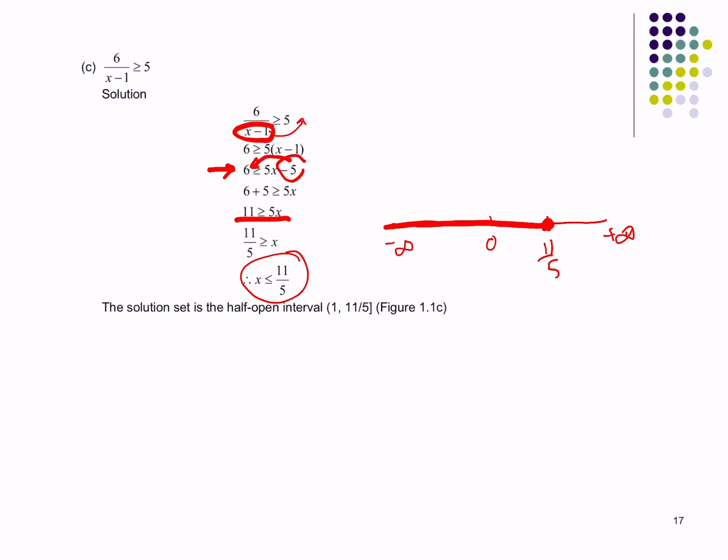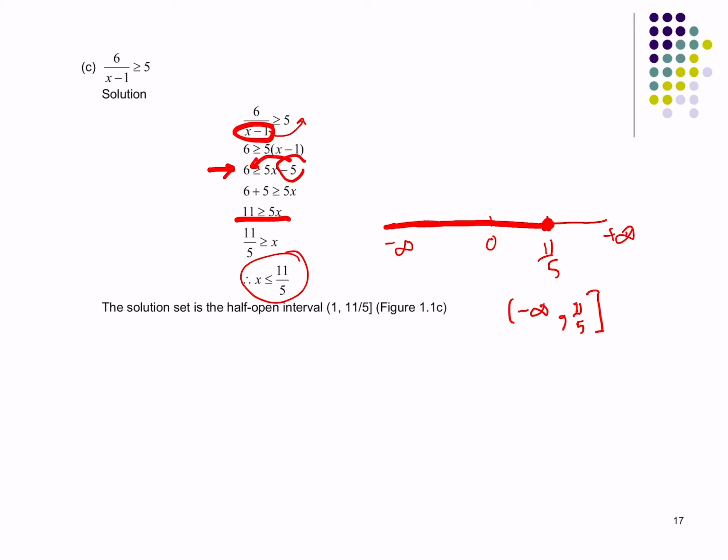But when you specify the notation, it can be minus infinity, comma 11 by 5, and then you put the square parenthesis to indicate that 11 by 5 is included in the set. Okay, so that is how we do that.